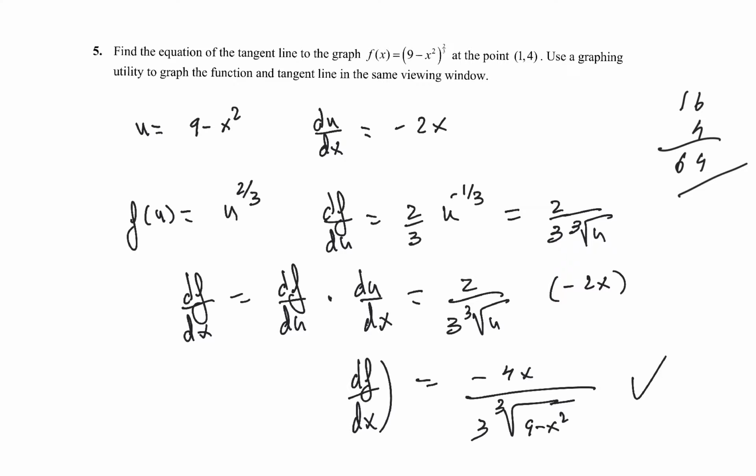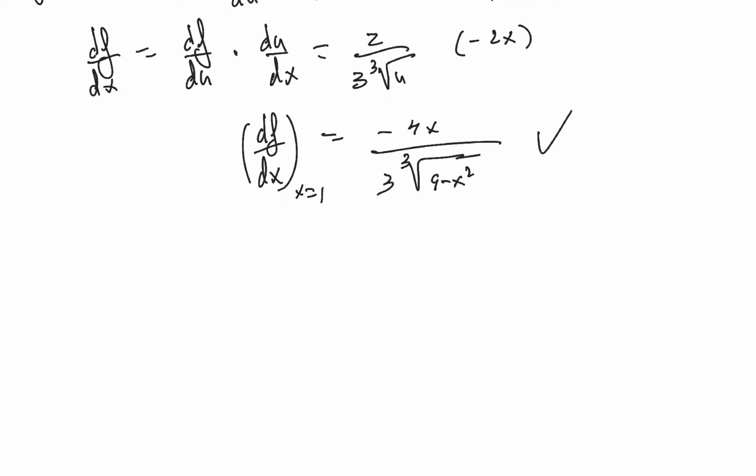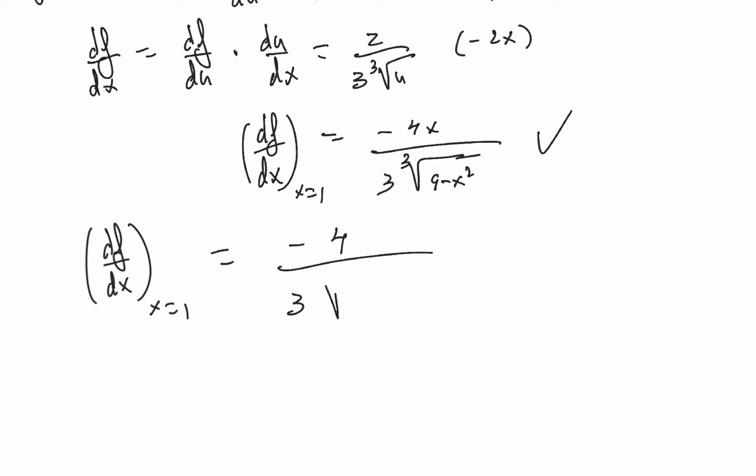So what is the derivative of f with respect to x evaluated at x equal 1? Well, the derivative of f with respect to x evaluated at x equal 1 will be minus 4 divided by 3 times the cubic root of 9 minus 1, which is 8. The cubic root of 8 is 2, because 2 times 2 times 2 is 8.